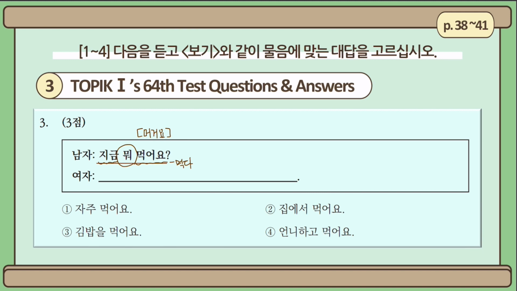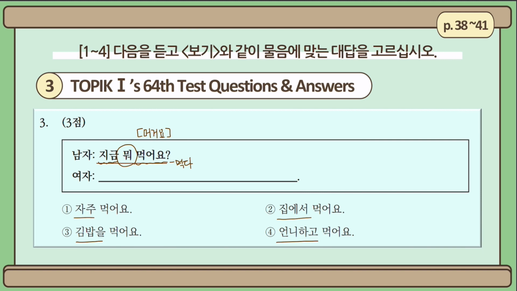Option number 1. 자주 먹어요. This is about the frequency of eating something. Number 2. 집에서 먹어요. This is about the place something is eaten. Number 3. 김밥을 먹어요. This is about what's being eaten. And number 4. 언니하고 먹어요.